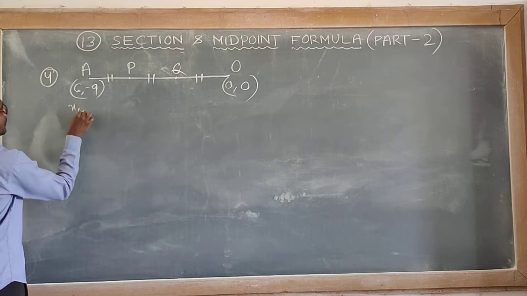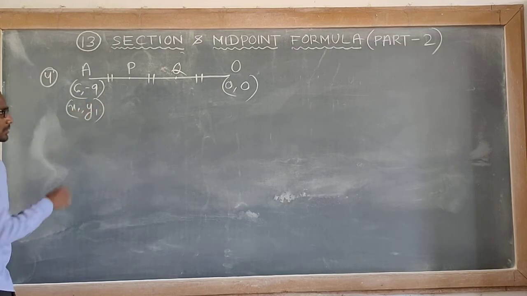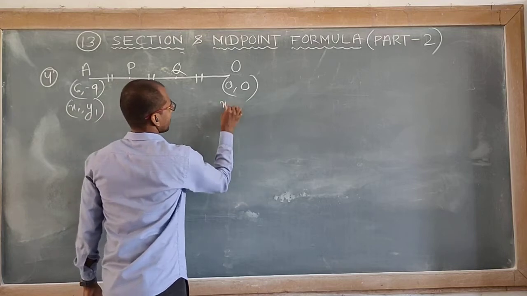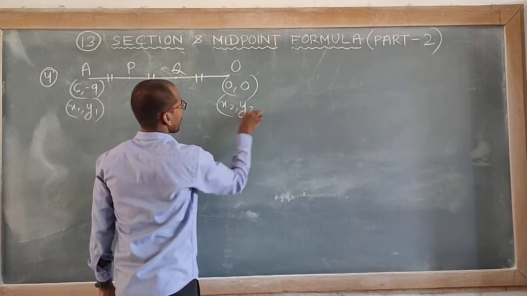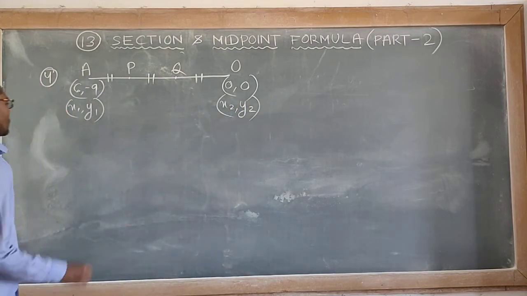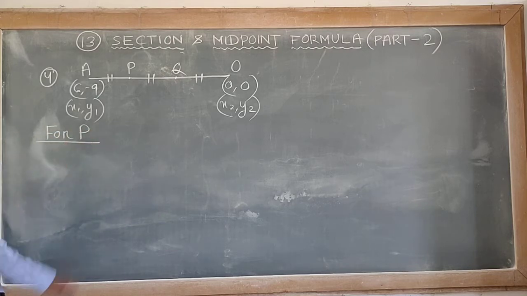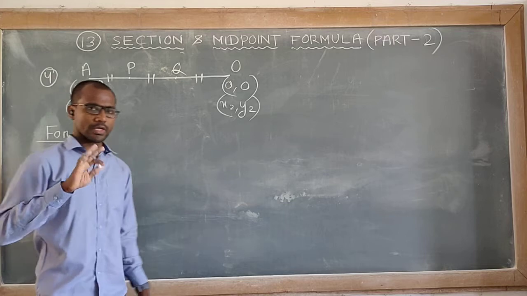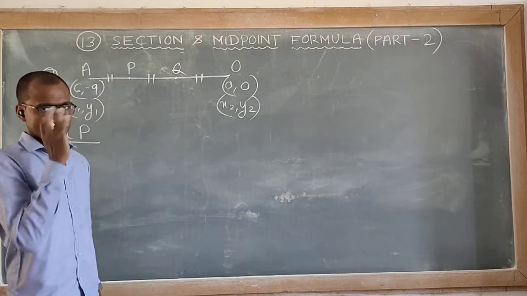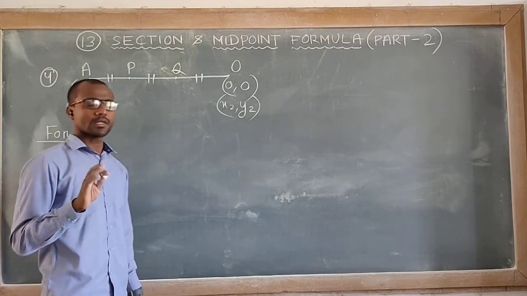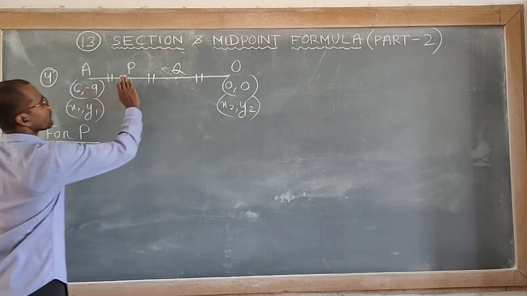This is x1 y1. This is x2 y2. For P, x1 y1, x2 y2 we already have, so no problem with that. We just need the ratio. What is AP by PO?